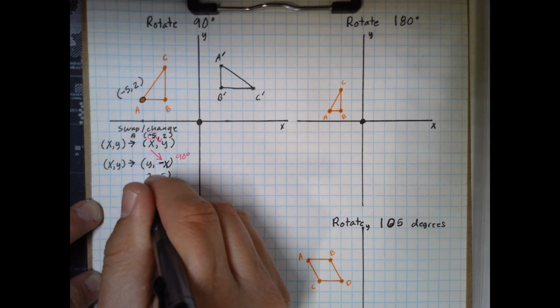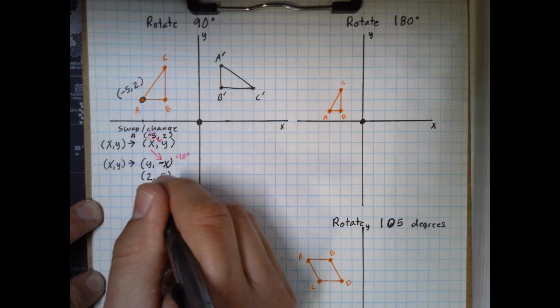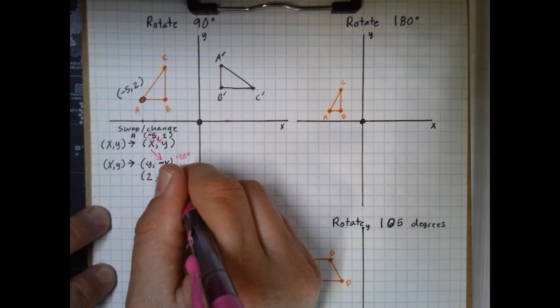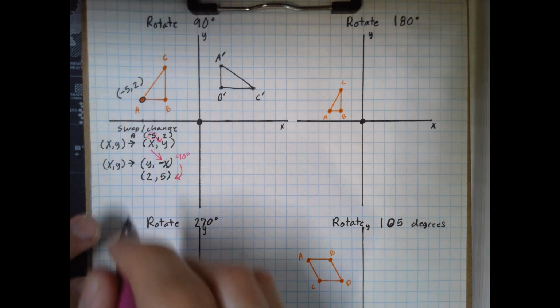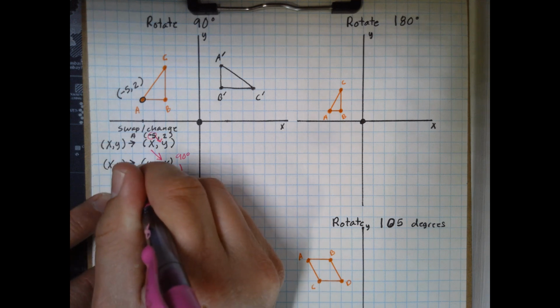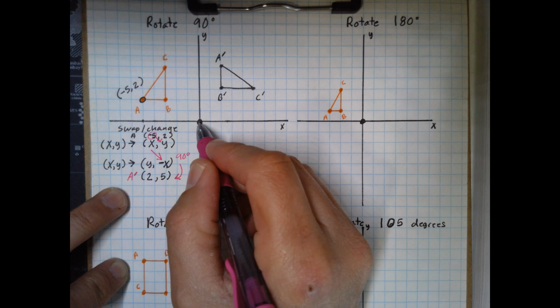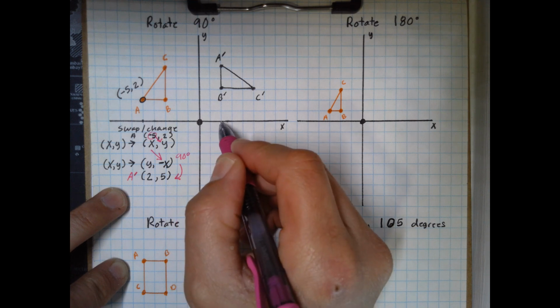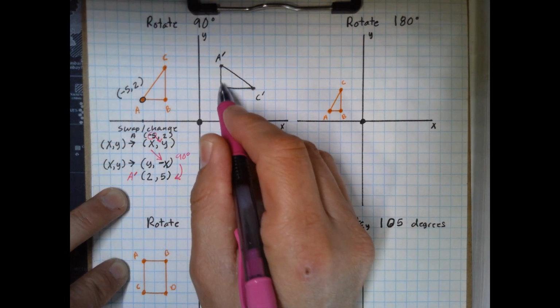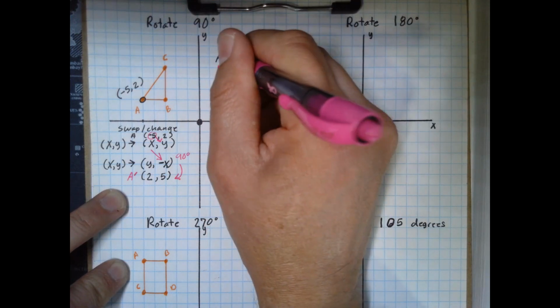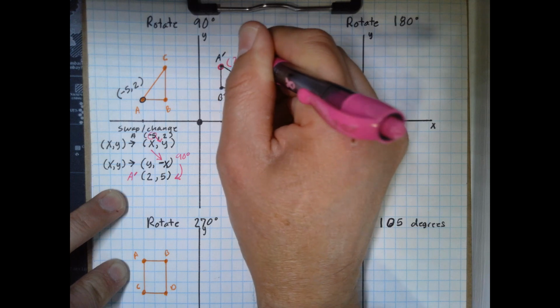So put a 2, because that's my y value. And this represents a 90-degree rotation. Now let's confirm that. So point A prime should be located at 2, 5. So I'm going to go to the origin. I'm going to go over 2, 1, 2, and then up 5. 1, 2, 3, 4, 5. And notice this point right here is at 2, 5.